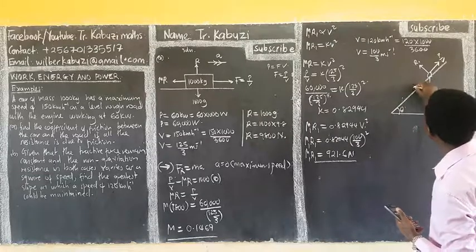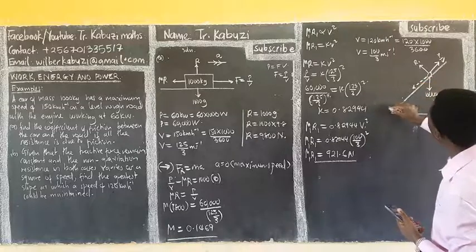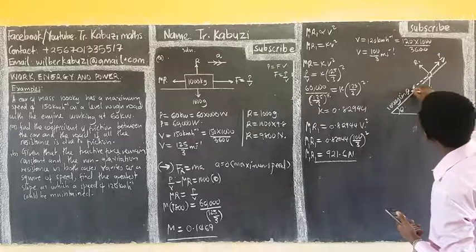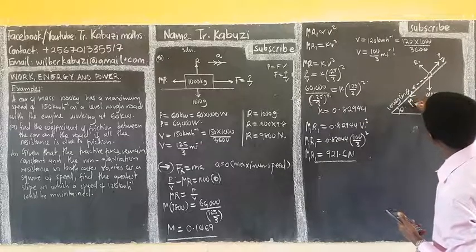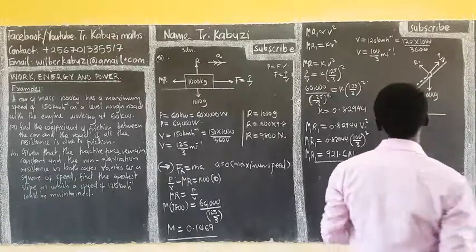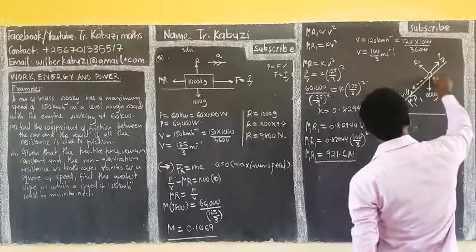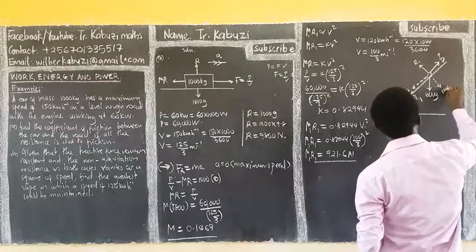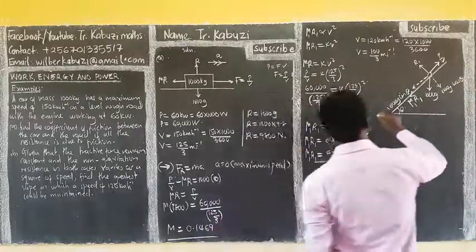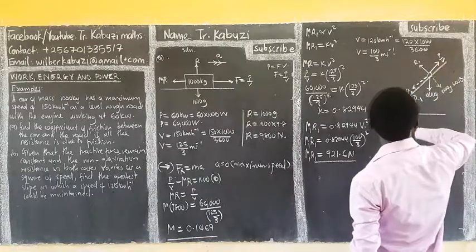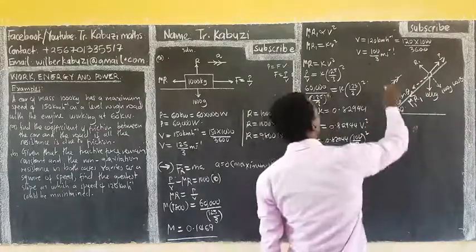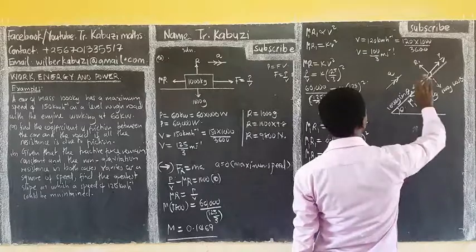Here, resolving the weight, this one is going to be 1000g sin theta, and then we have a frictional force μ1R1, and this one is 1000g cos theta. Remember our acceleration is going to be in that direction.